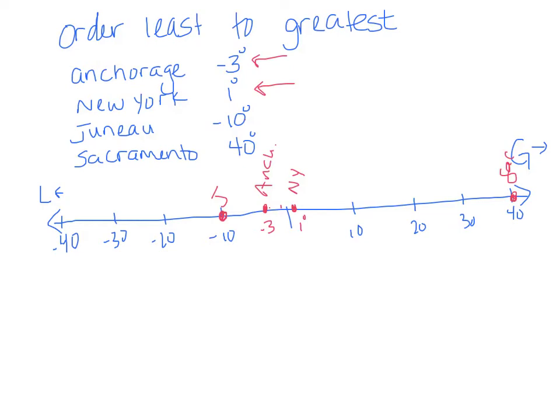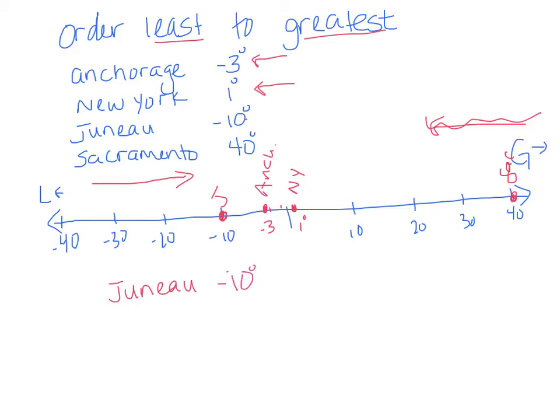Okay. So once you've put those on the number line, they are in least to greatest order, or greatest to least. If it's greatest to least, you would just order them that way. In this case, it's least to greatest. You just have to pay attention to what order they want it in. So you'd go across and you'd look across. Oh, looky here. Juneau came first at negative 10 degrees.